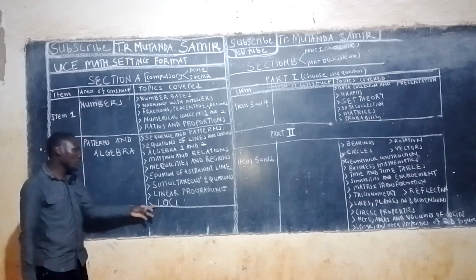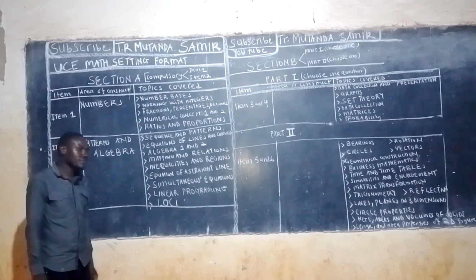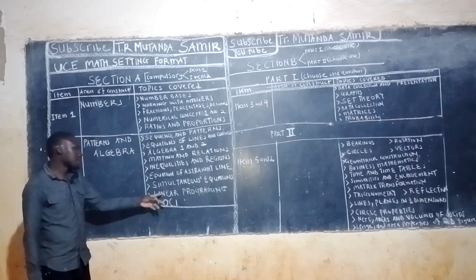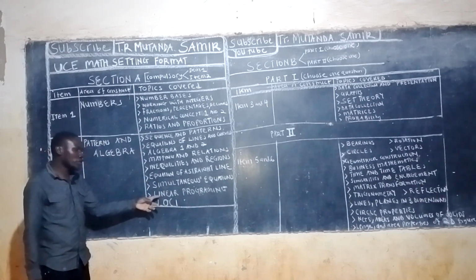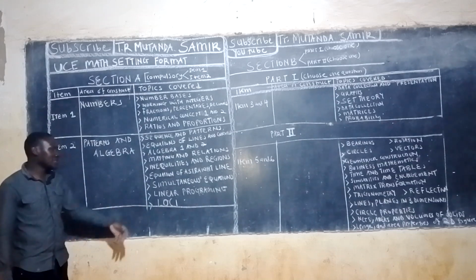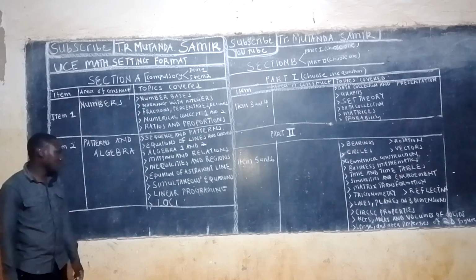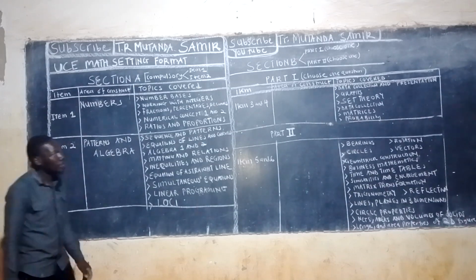Loci is the plural, and the singular is locus. In UNEB 2024, item 2, among all these topics, the examiners chose to bring linear programming. And that's all with section A.